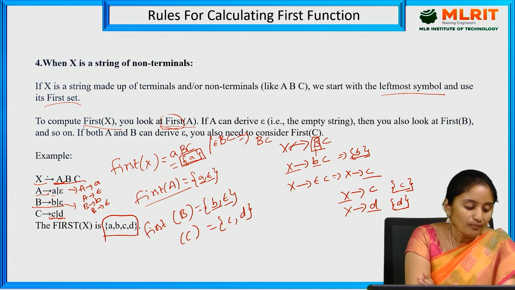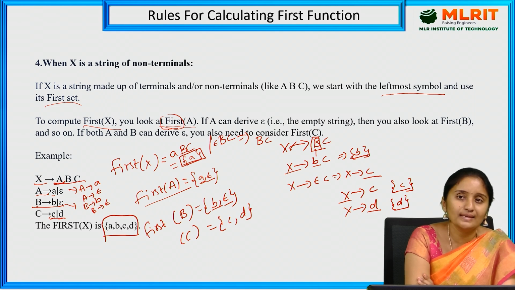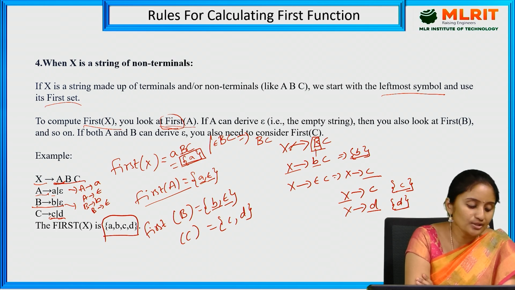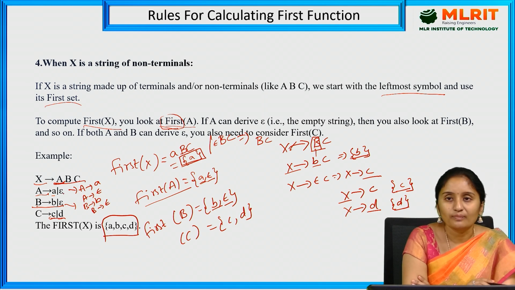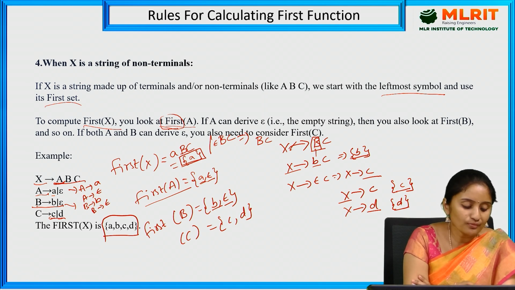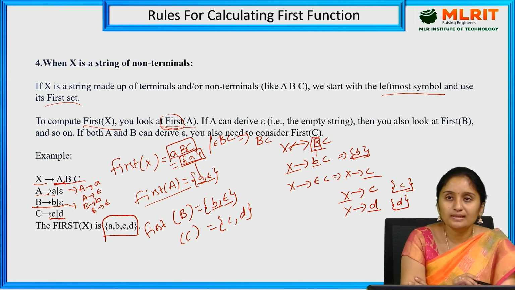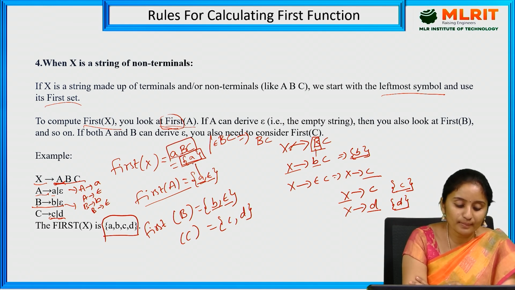See here, X produces ABC. On the right hand side, the first one I am having is capital A, which is a non-terminal. Then I need to calculate first of A. First of A is nothing but a comma epsilon. So initially in the place of capital A, I substituted small a, then I got aBC. So first of X is nothing but I got a.